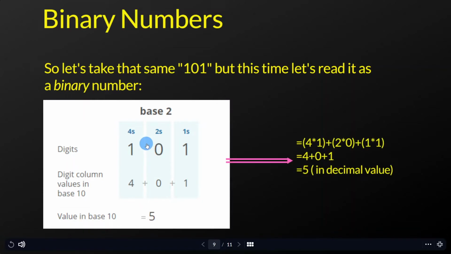Using the same formula we applied for decimal numbers, we multiply 4 by 1, plus 2 by 0, plus 1 by 1, and that is 5. The 5 here is the decimal value. So if you want to represent 5 in our computer or in our RAM, you need to write it as 101.